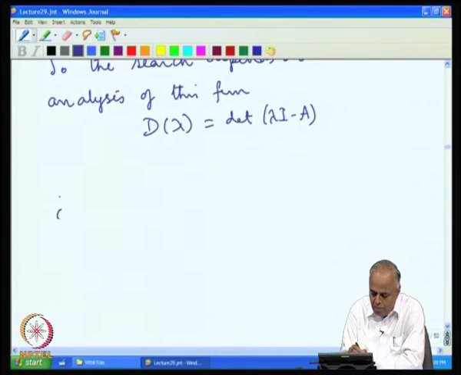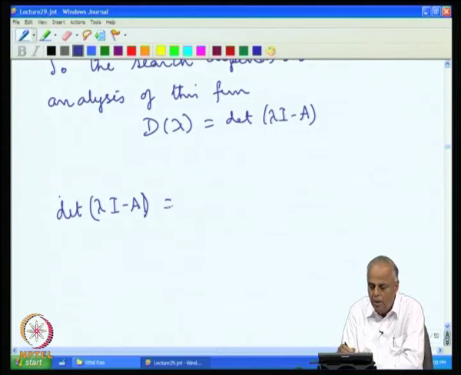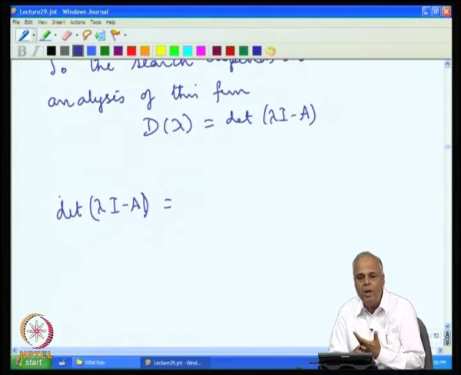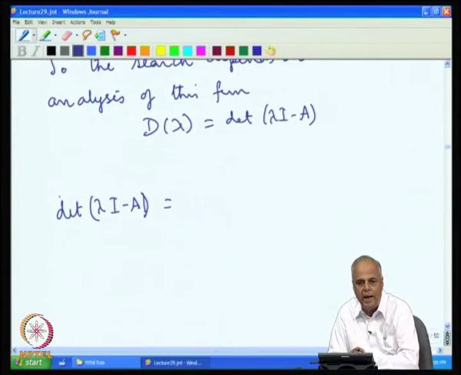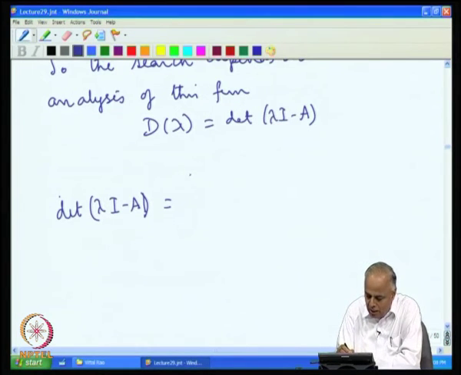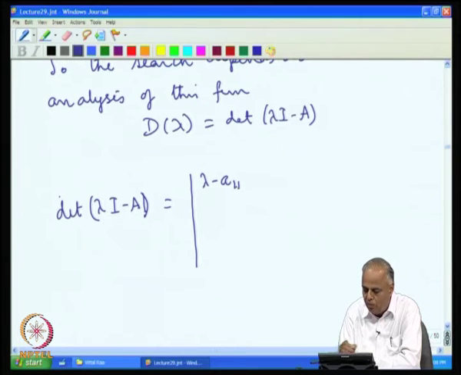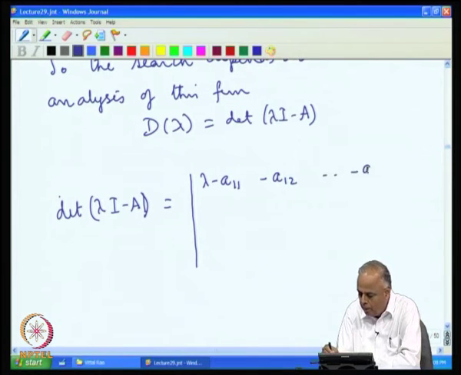So, now determinant of lambda I minus A looks like this. The lambda I is only the identity matrix with the lambda stuck along the diagonals. So, it is a diagonal matrix with lambda along the diagonal, and from that we have to subtract the matrix A. So, we get the determinant with entries lambda minus a 1 1, minus a 1 2, up to minus a 1 n.